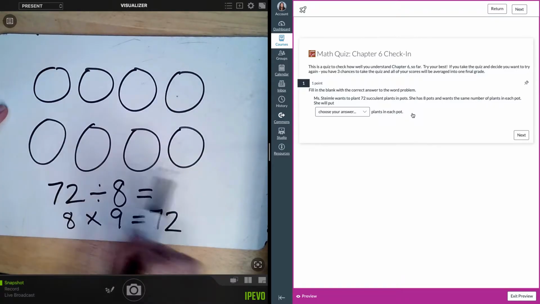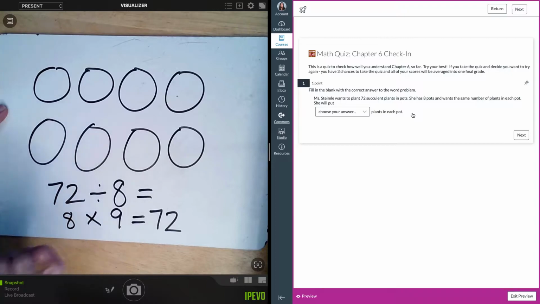So if I have the 8 pots, I'm going to put 1 mark in each pot until I get to 72.